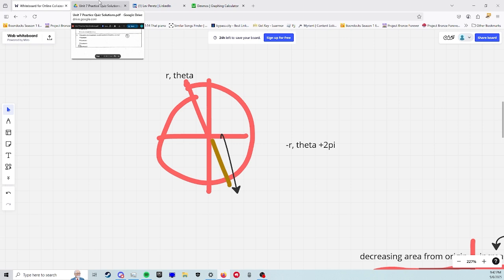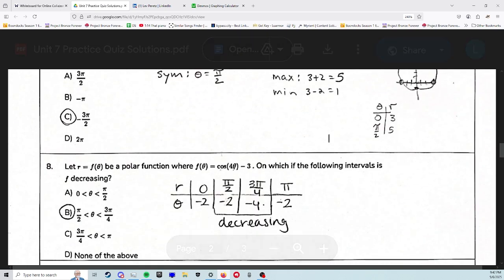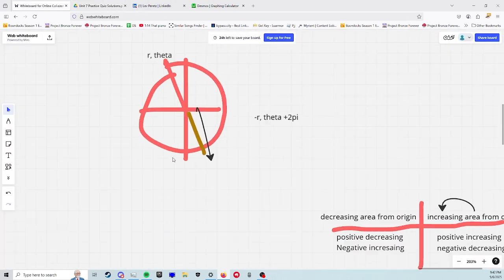So it's important to know that 2 pi goes all the way around, pi goes only halfway around, and a negative flips the point over. Okay, next question. For what value of theta does the graph of r equals 1 plus sine 2 theta obtain its maximum radius? Okay.